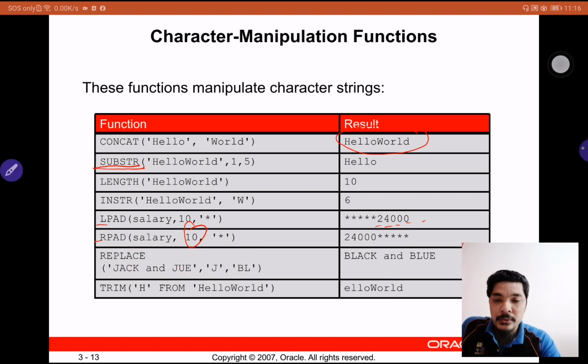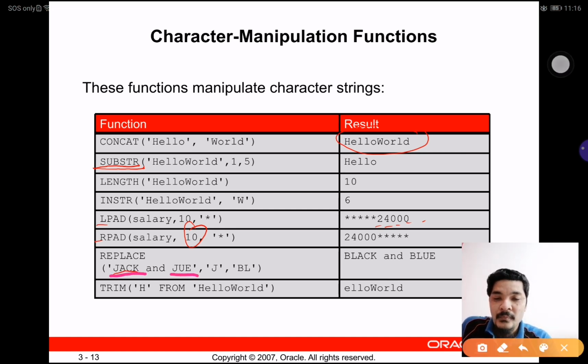So this is our original text, original case: Jack and Ju. If in this SQL it finds J, it will be replaced with BL. So look into the output here. This is supposed to be Jack.